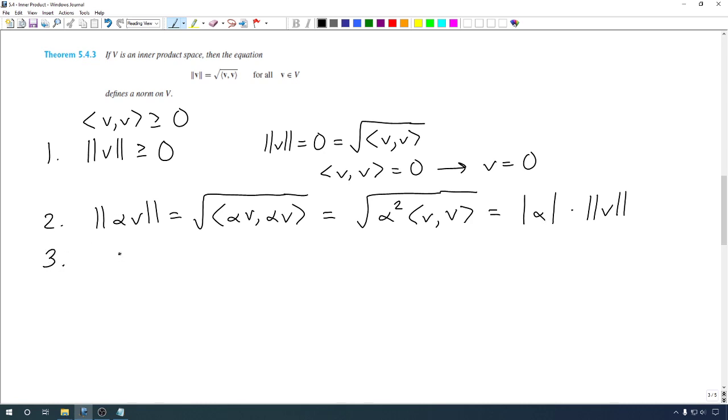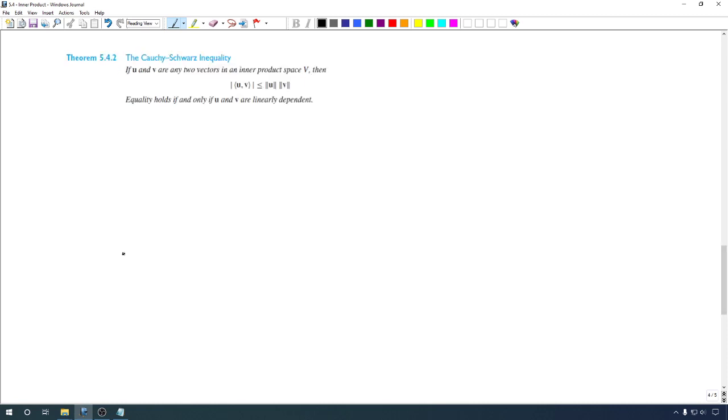Third property. Well, this is the triangle inequality, and it's going to be a little trickier. In fact, it's going to be so tricky, we're going to go and prove another theorem first and come back to this. So let's prove this theorem first.